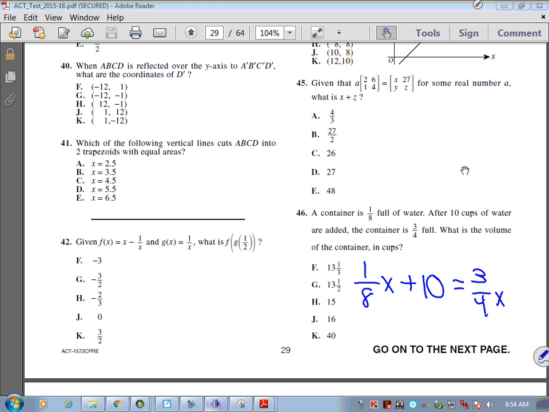Because I can subtract 1/8 from 3/4, and get my x's all together. And whenever I do that, I get 10 equals 5/8 x. All right? And then I can multiply 10 by 8/5. 10 times 8 is 80. 80 divided by 5 is 16. Okay? It's 16 cups.